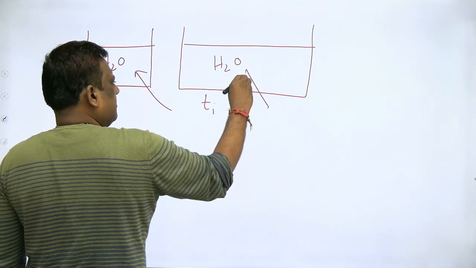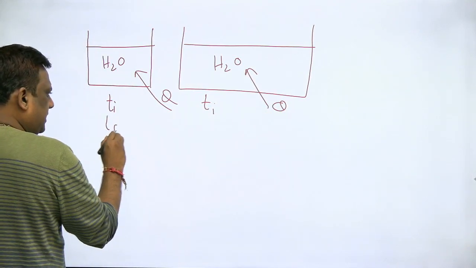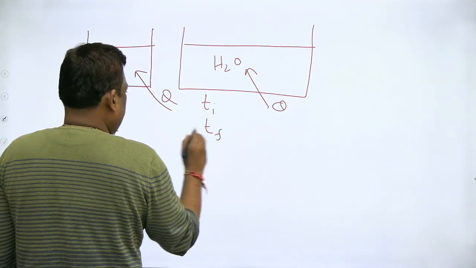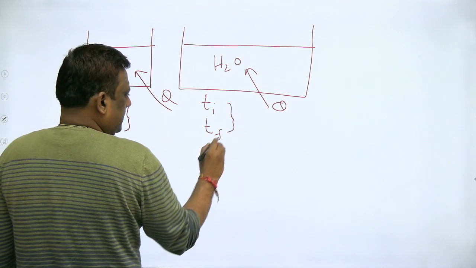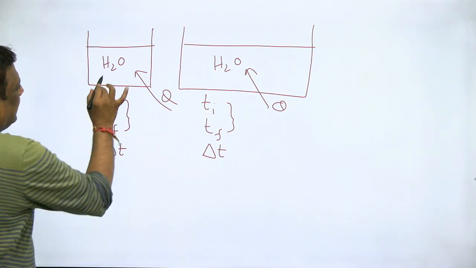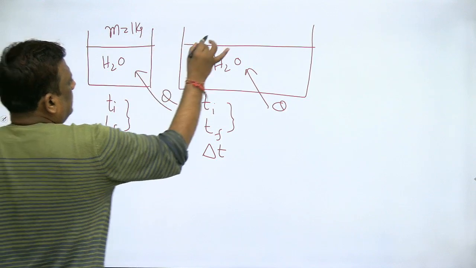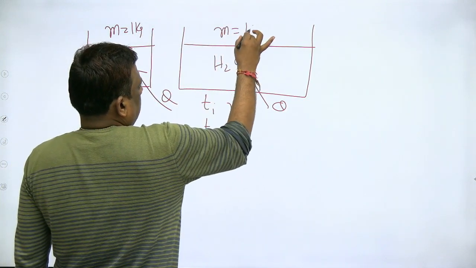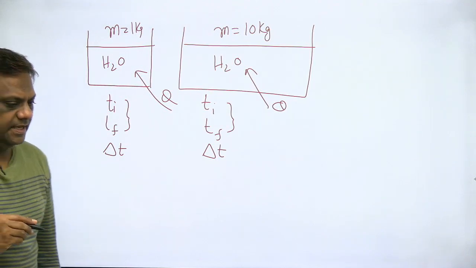Supply heat, supply heat. Let the final temperature be Tf in both. Let this be delta T and let this be delta T. Let the mass of this be 1 kg and let the mass of this be 10 kg.